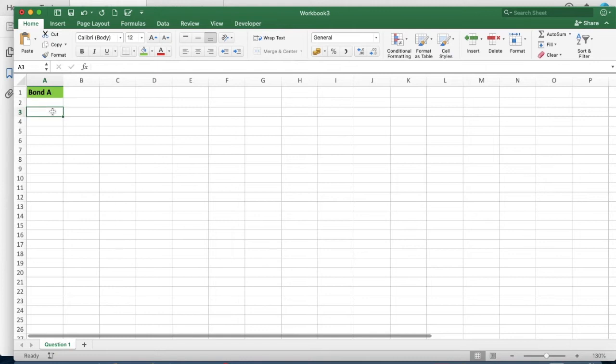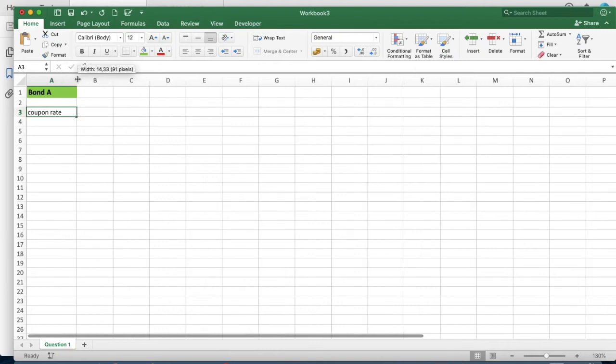Okay, so first of all, we have to remember the data that characterizes bond A. So we have first the coupon rate, then the yield to maturity, then the maturity, and the par value, right?